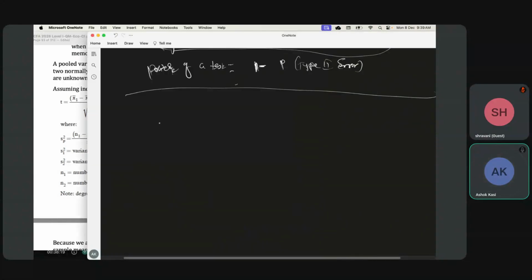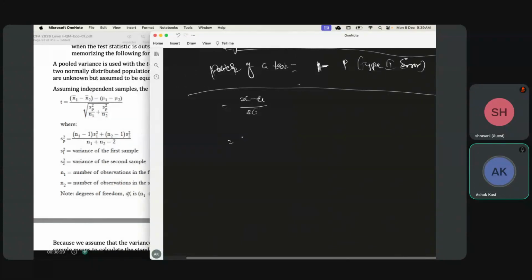This one is not very difficult. Just like the test statistic is x minus mu divided by the standard error, in the same line it will be x1 bar minus x2 bar, minus mu1 minus mu2, divided by the standard error.